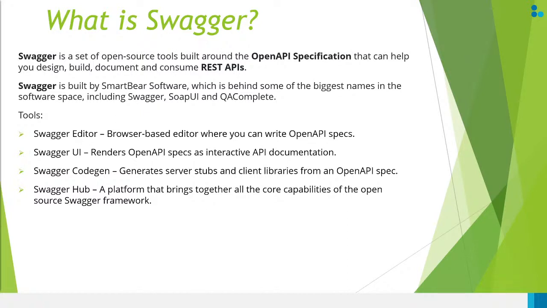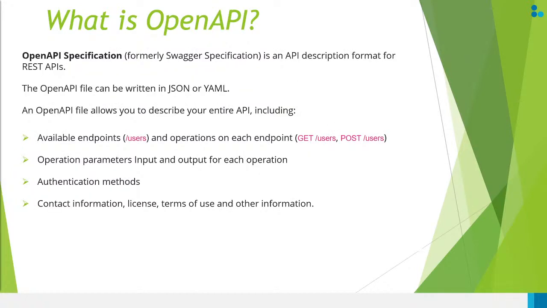Okay, but as you can see, I talk a lot about Swagger, but I also talk a lot about the OpenAPI specification. So what is the OpenAPI specification? The OpenAPI specification is an API description format for REST APIs.